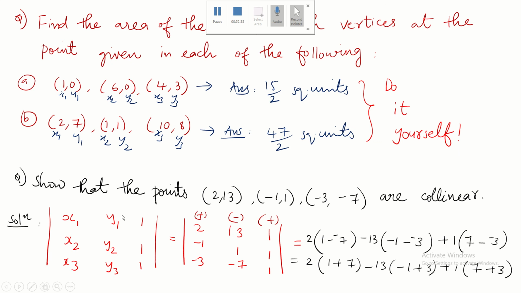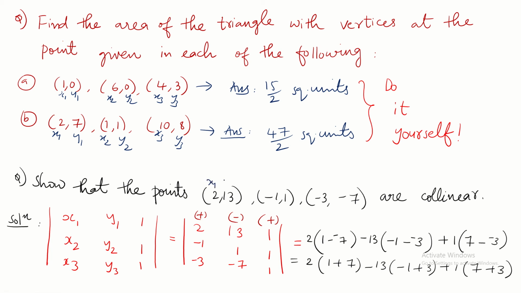Show that the points (2, 13), (-1, 1), (-3, -7) are collinear. So for collinear, the area of the triangle should be 0. So I have written the formula: x1, y1, 1, x2, y2, 1, x3, y3, 1. And you have to substitute the points in it.